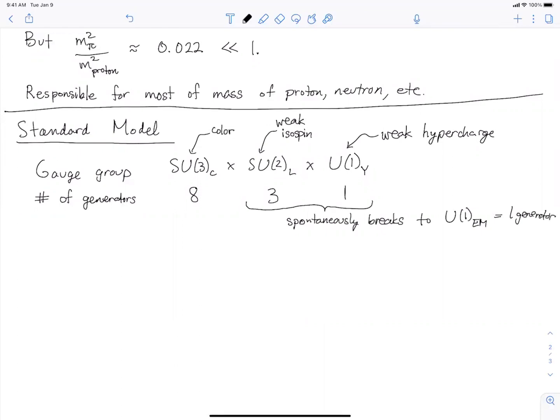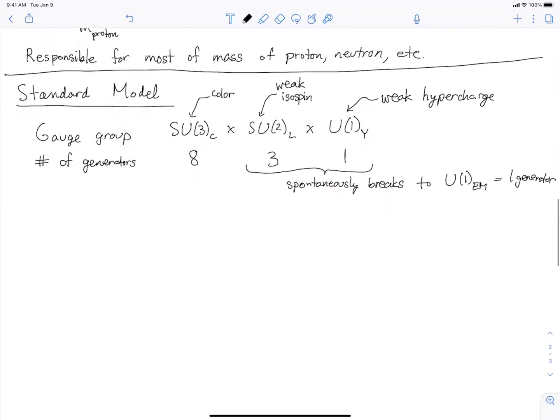So we started with 4 generators and ended with 1, which means there are 3 broken generators, which means there should be 3 would-be Goldstone bosons, which get eaten by corresponding vectors. And so we get 3 massive vectors, and those 3 massive vectors are the W plus, the W minus, and the Z boson.